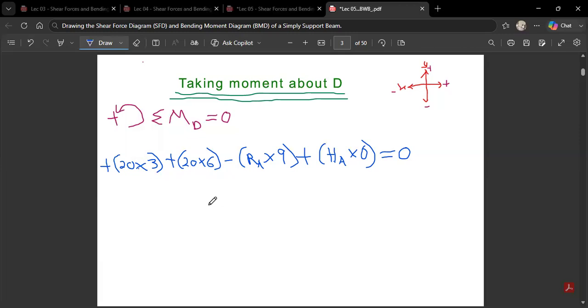Very good. So 20 times 3 is going to give us 60, plus 20 times 6 is going to give us 120. And then this is going to be minus 9RA.